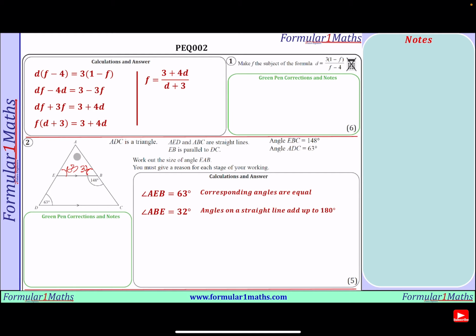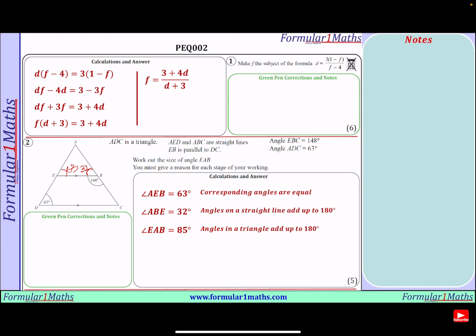Now I'm going to find this one, which is what we're asked to find. All I do is add this and that together and take it away from 180 because angles in a triangle add up to 180. So I'll get EAB equals 85. And the reason would be angles in a triangle add up to 180.